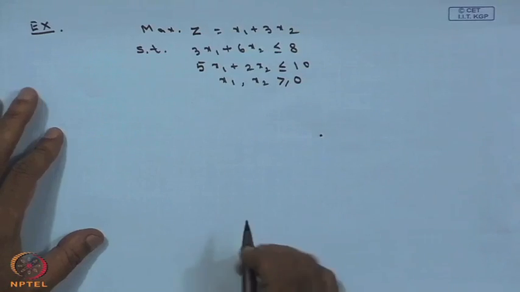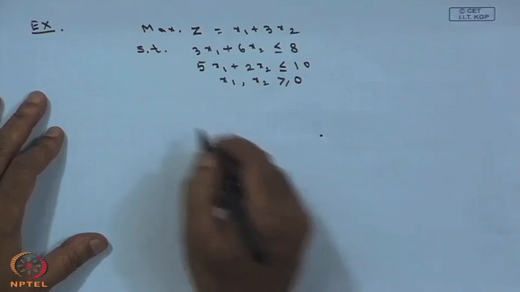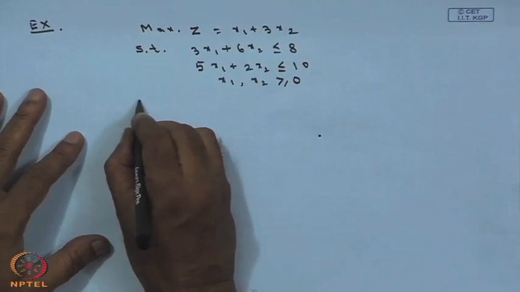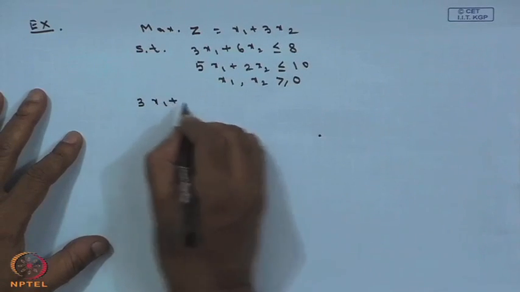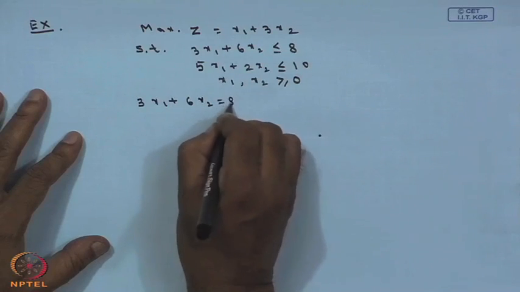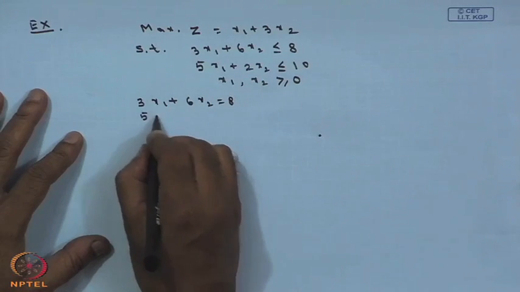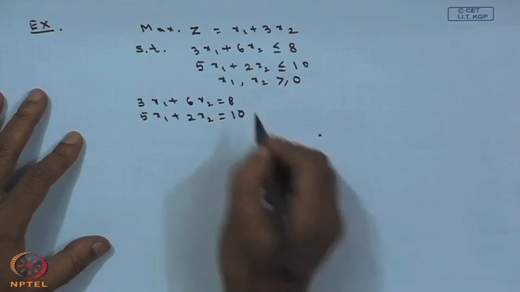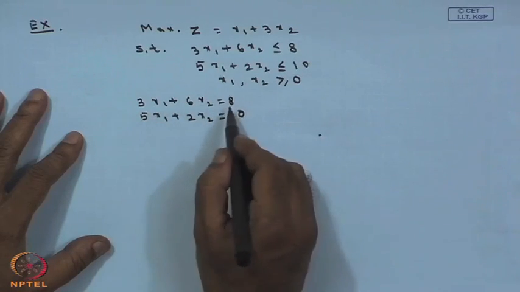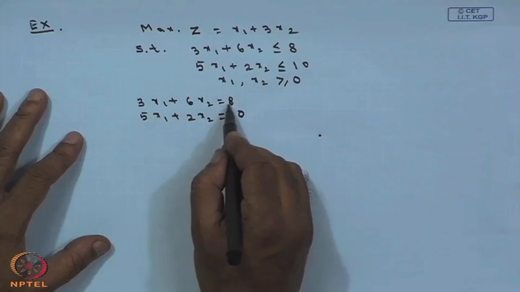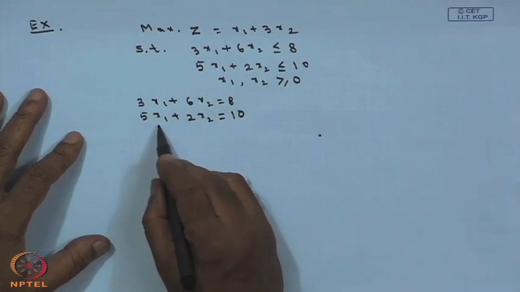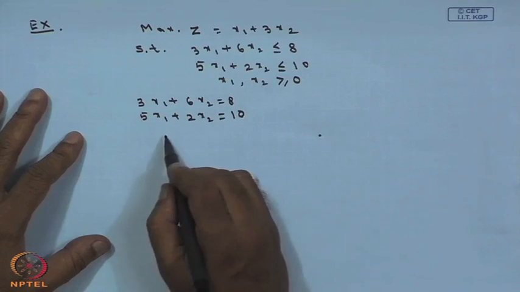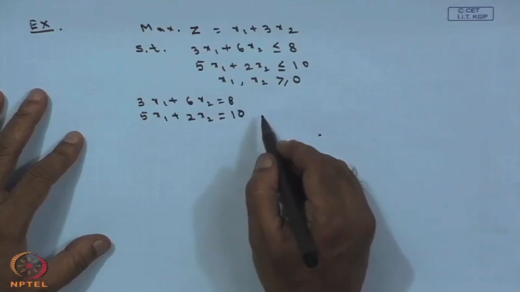We want to find the graphical solution of this particular problem. Let us take the first approach, that is the search approach. You can consider these two lines as 3x1 plus 6x2 equals 8. You can write them in intercept form also to draw the lines, that may become easier for you. So these two lines: x1 by 8/3 plus x2 by 4/3 equals 1. Similarly, for the second one, x1 by 2 plus x2 by 5 equals 1.